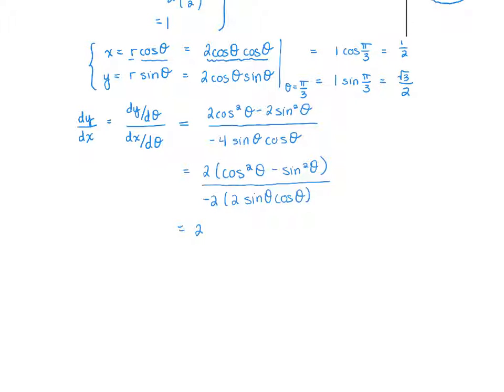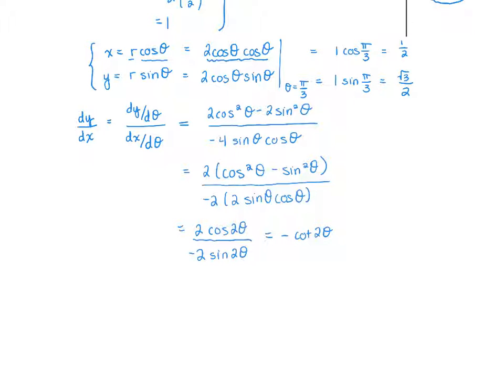Cosine squared theta minus sine squared theta is cosine of 2 theta, and 2 times sine theta cosine theta is sine 2 theta. So at the end of the day, the 2 over the negative 2 gives me a negative 1, and cosine over sine is cotangent. Or I could just leave it as negative, I don't know. Well, let's just do negative cotangent 2 theta.